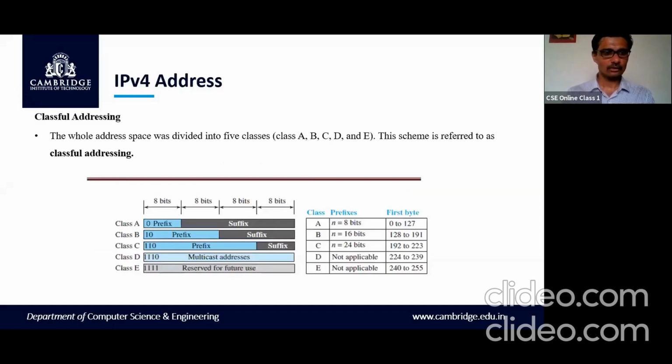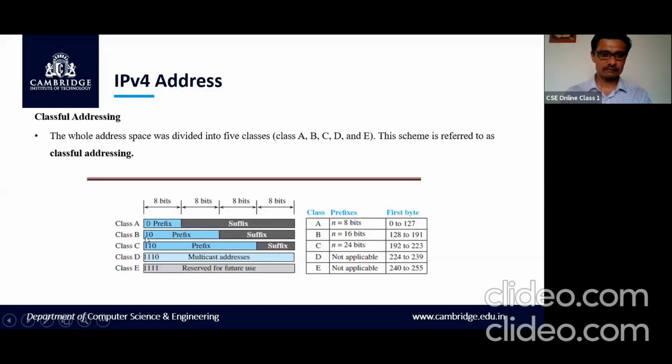We also talked about the classes of addresses, called the classful addressing scheme. Here we have 5 classes, namely A, B, C, D, E. Class A is identified using the first bit, with 8 bits for the prefix and the remaining 24 bits for the suffix.